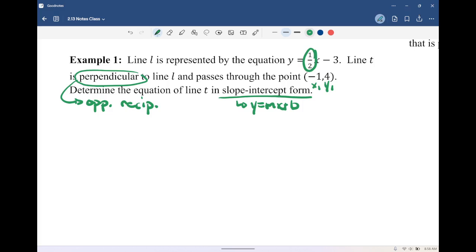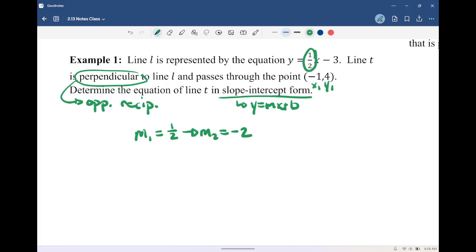1/2. And so if my first slope is 1/2, that means that my second slope, let's start with this, opposite, I'm going to go from positive, everybody, to negative. And then I'm going to flip it. If I flip 1/2, raise your hand, what number do I end up with? -2.